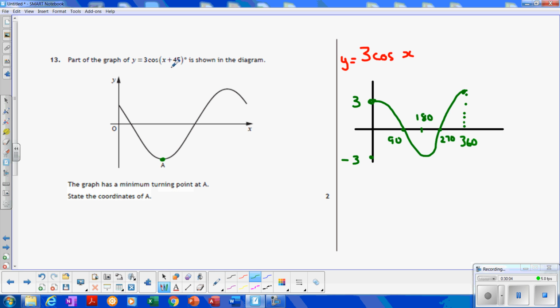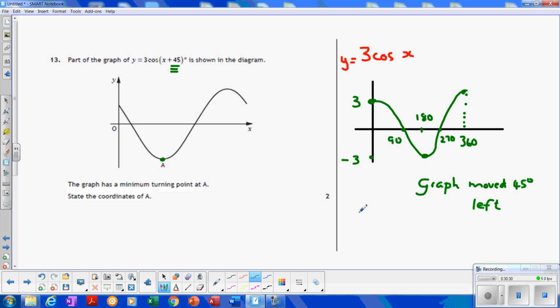Now, the effect that this here has on the graph, it takes that graph and it moves that graph 45 degrees to the left. So this whole graph is moved 45 degrees left. Now, a turning point would be that one there, right? That's the minimum turning point.